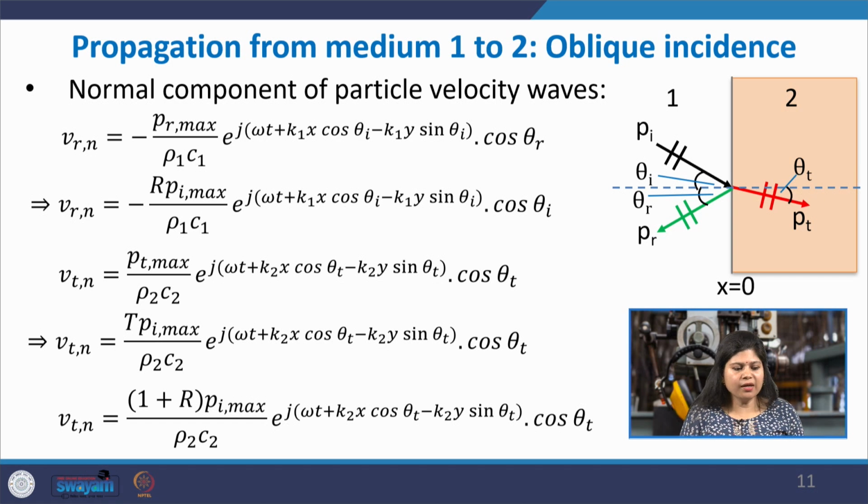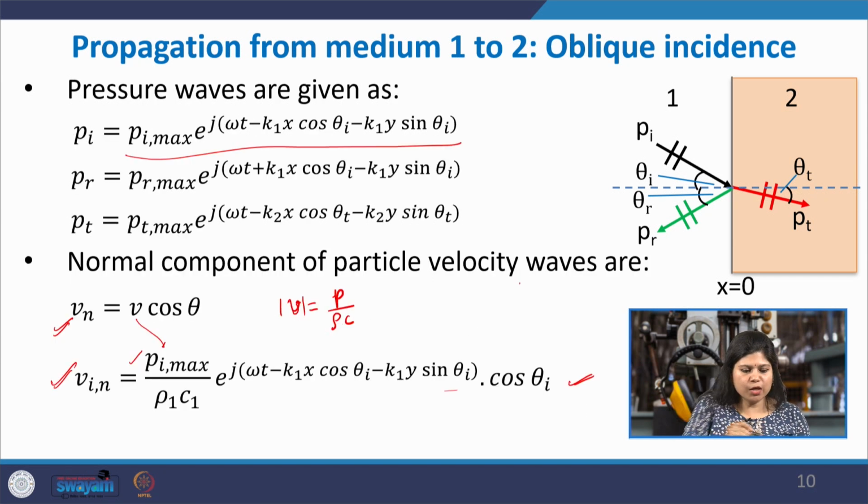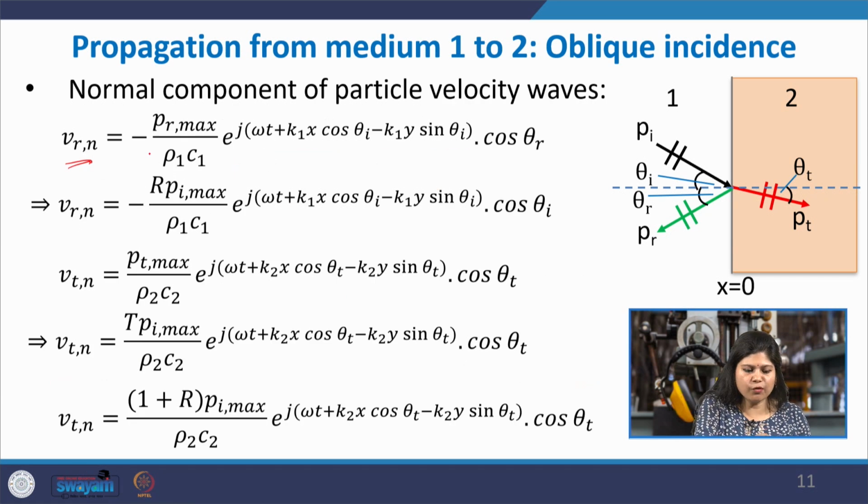In the same way we can find out the normal component of the reflected wave. Once again we use the equation of the reflected wave, we divide it by rho 1 c1 for that medium, and then cos of theta r, and then we place a minus sign here because the wave is propagating along the negative x axis.